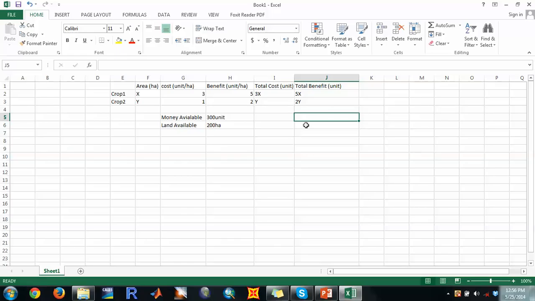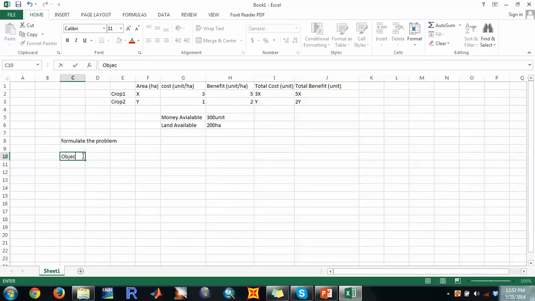Now from this we can create our conditions, or formulate the problem. Our objective function, let's say Z, is our objective function.